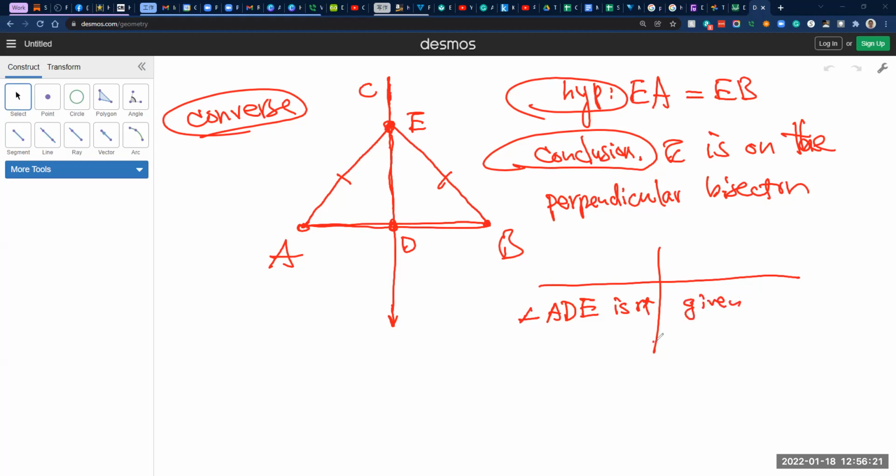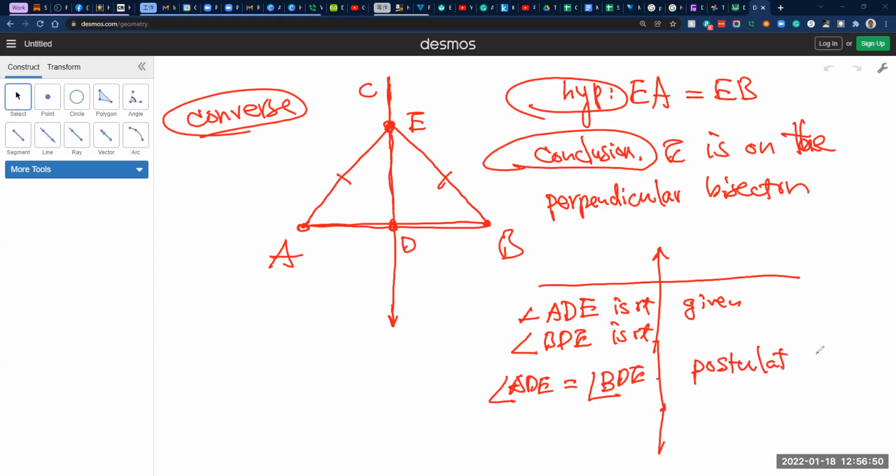That's what we did. We drew the line, and BDE is also a right angle, and so therefore ADE is congruent to BDE. And this actually is one of the postulates. We have five postulates. A postulate is something we don't need to prove, something we take for granted, that all of us can agree on.